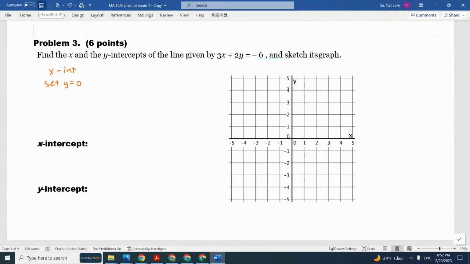The y-axis corresponds to x is 0. So set y to 0, we get 3x equals -6. Divided by 3, we get x is -2. Remember in your quiz, the x-intercept is a point, so (-2, 0). The y-coordinate is 0.